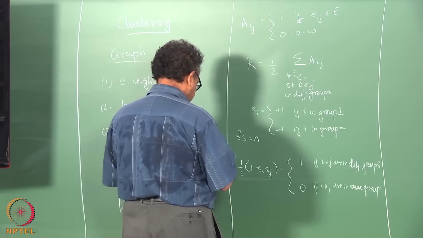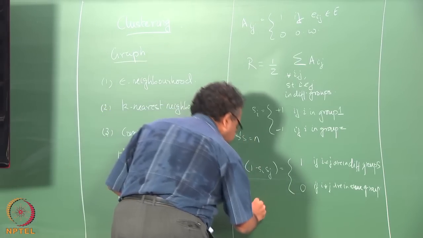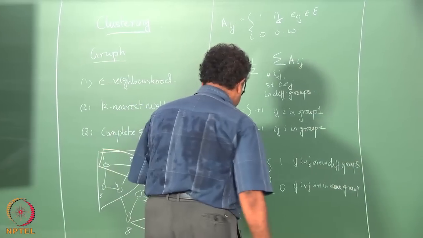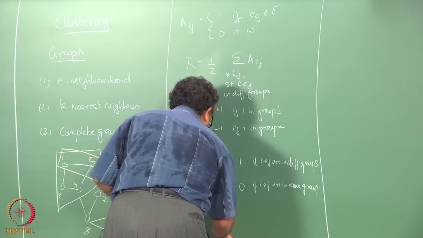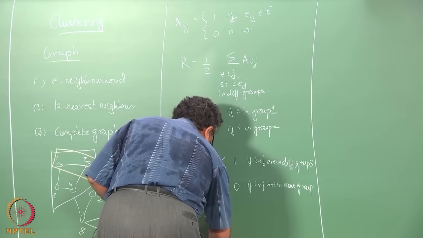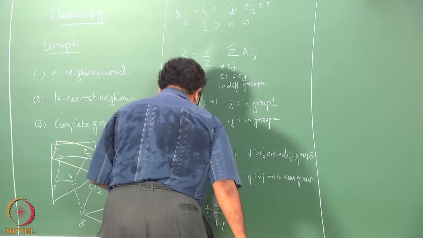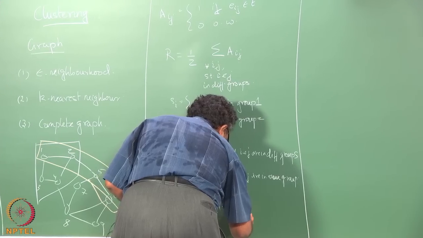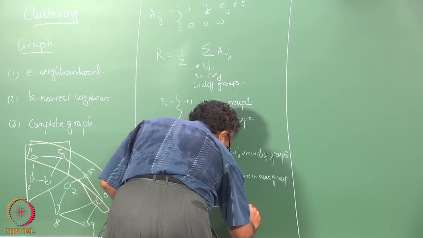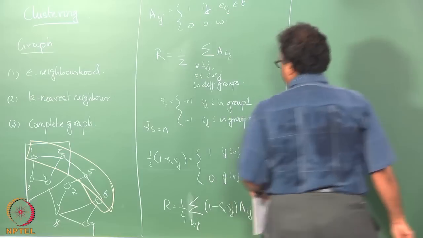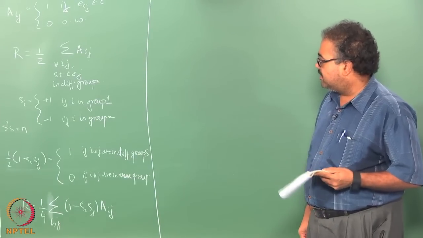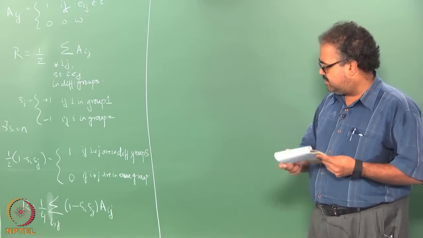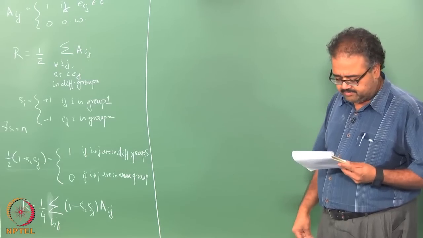So I can write R as, okay, so that half, I have another half here, so I get a, so ij run over 1 to n.